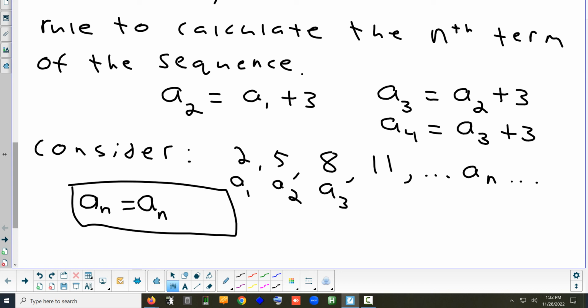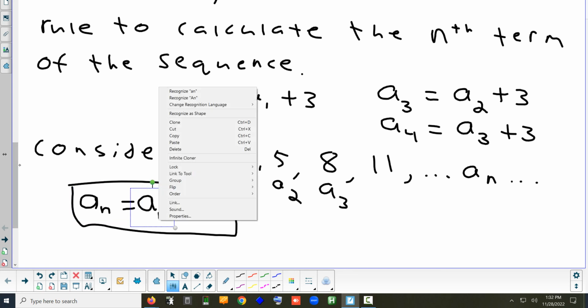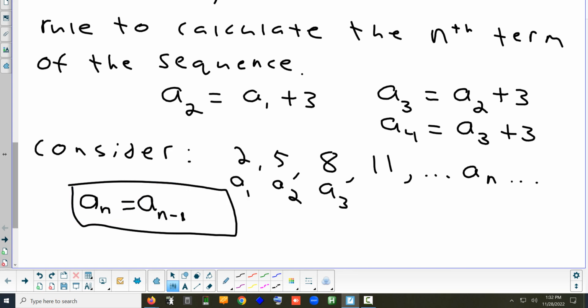Is it on the bottom n minus 1? Minus 1, yes. In general, to get the one that you want to know, take the one before the one you want to know, which is represented with that minus 1, that means one before, and add 3. Now that's a perfectly good formula for that problem.